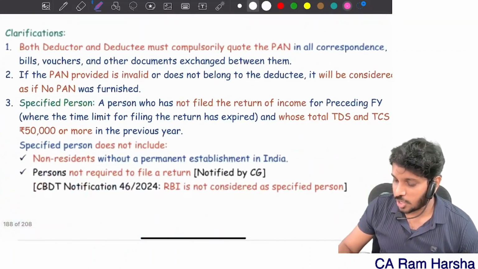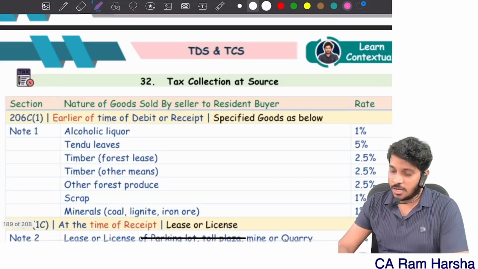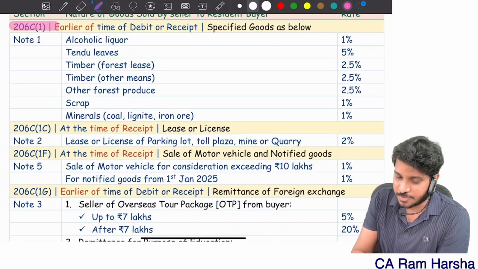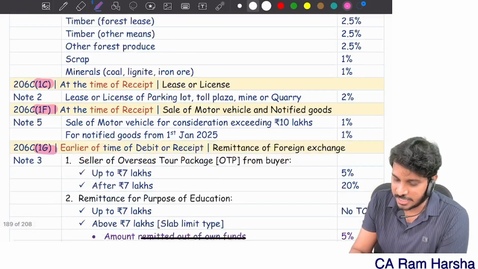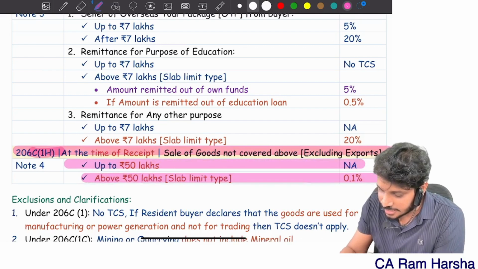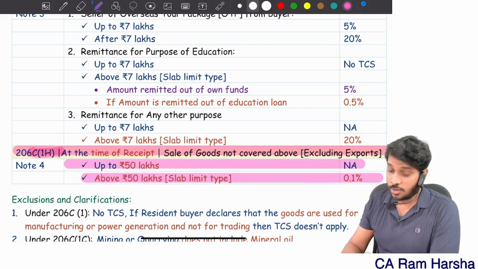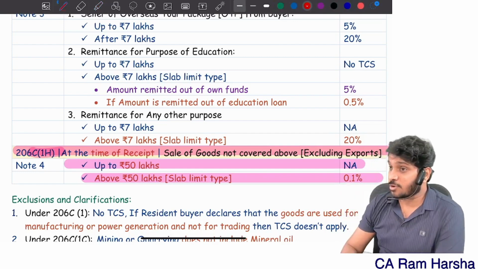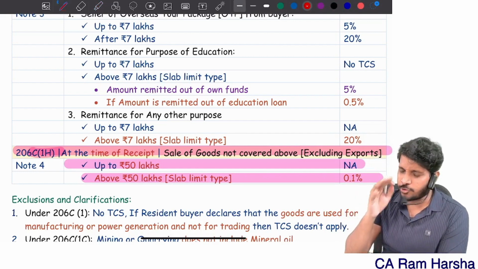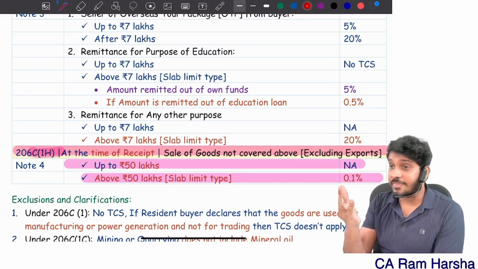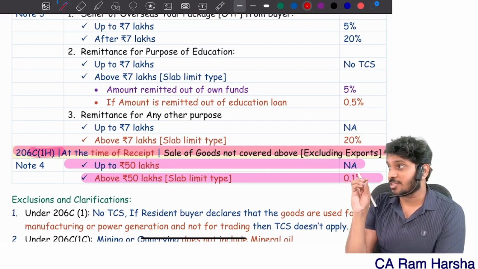Okay. 206C TCS. What does the section say? There are totally 5 sections in TCS: subsection 1, 1C, 1F, 1G, 1H. 1H we just completed, correct? Yes or no? Now in 194Q and 206C(1H), one more point is there. Suppose in 194Q the buyer has to deduct. If the seller is not giving a PAN number, then the maximum TDS rate is 5%.